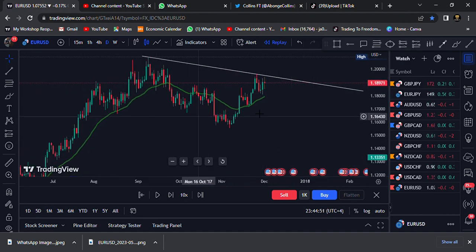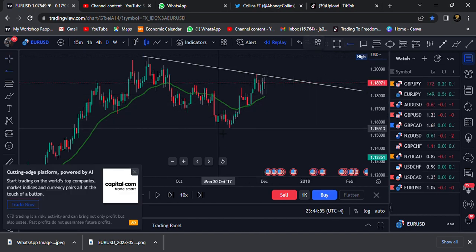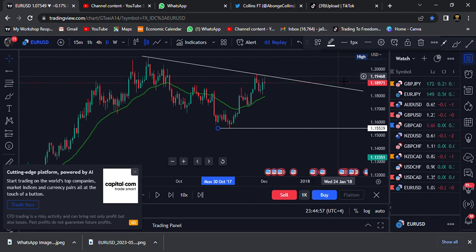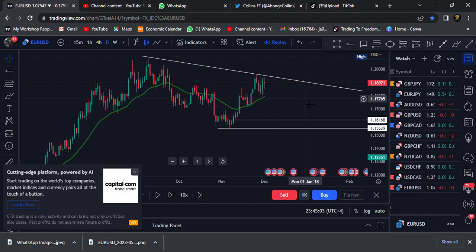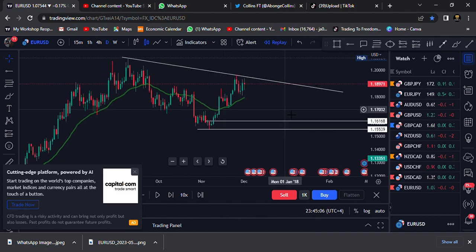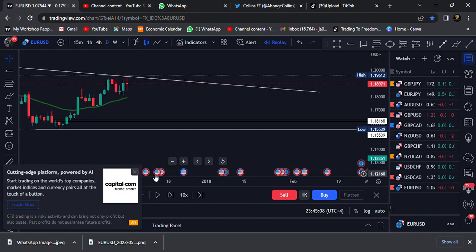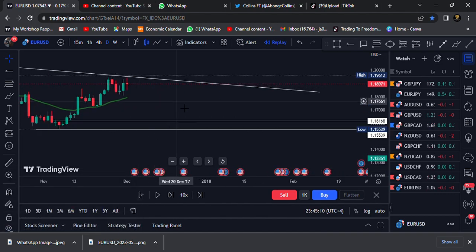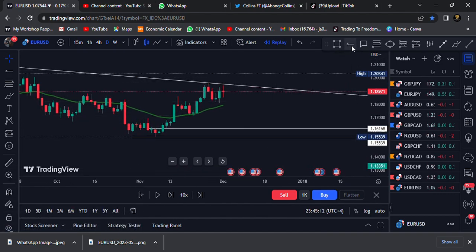so this is done already. Put our key levels. This is our take profit. That is our take profit level. Then we look at the candlesticks. So this is our resistance.